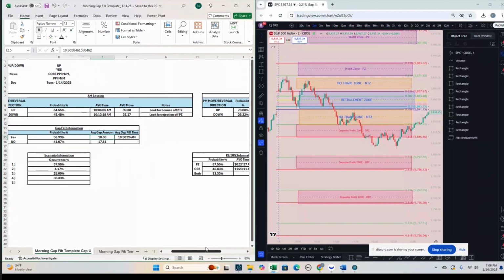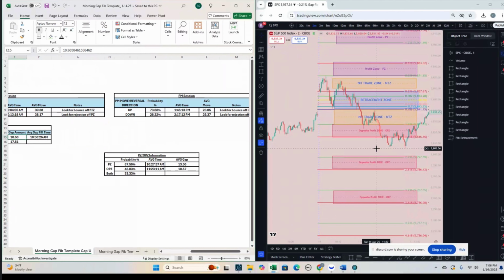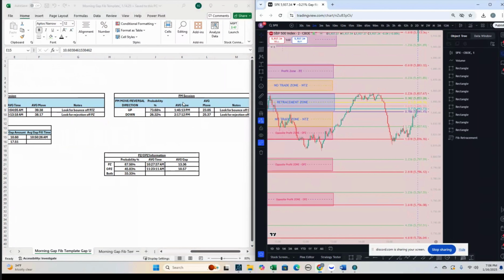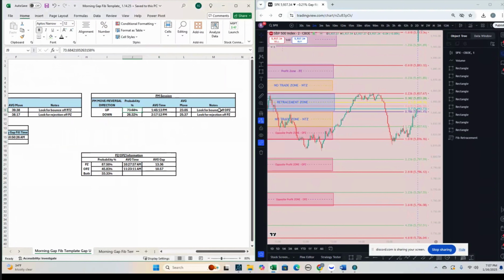So when we have a situation like a PM session, at 1:45, there's a 74% chance that we're going to bounce off of the OPZ.